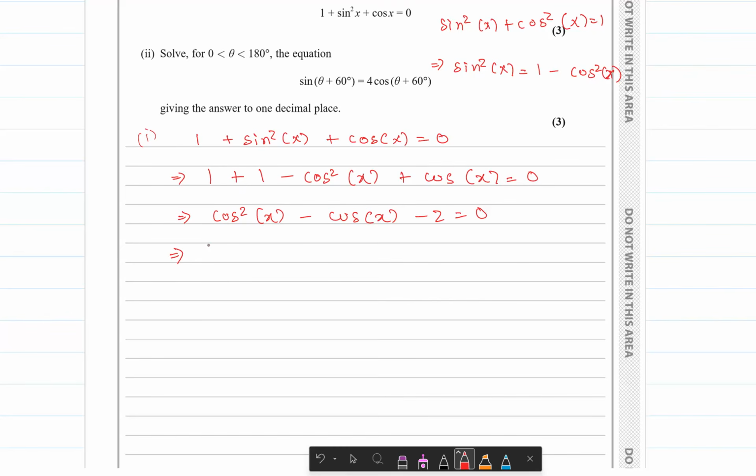If you use your calculator, you will see that it gives you two solutions, 2 and minus 1. So I can say that (cos x minus 2) and (cos x plus 1) equals 0. So now I can separate my factors.